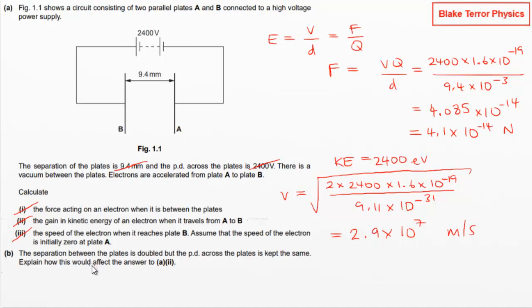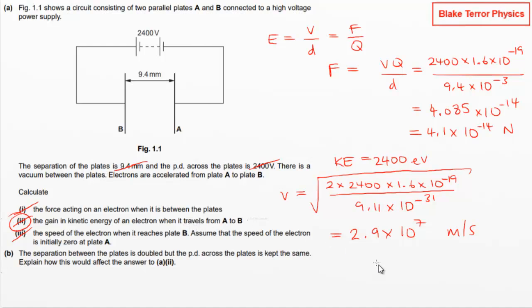Right, final part, part B. Separation between the plates is doubled, but the PD across the plates is kept the same. How would this affect the answer to A part 2? So the kinetic energy. Would the kinetic energy change if we've doubled the distance between the plates?